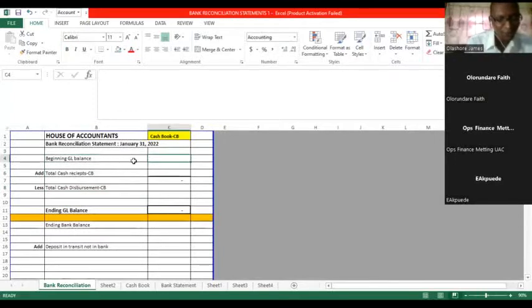So let's check our closing balance in ledger first. What do we have as a balance in ledger? The opening balance, the beginning balance in ledger, is what? What do we have as a closing balance in ledger?